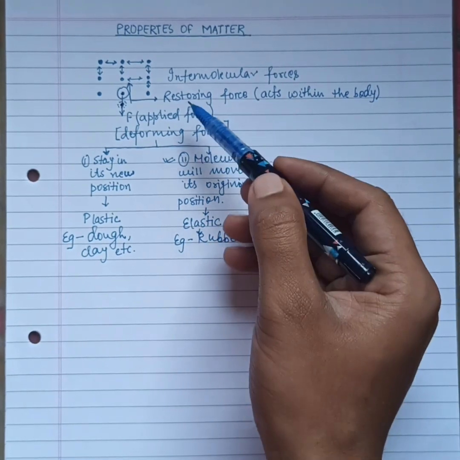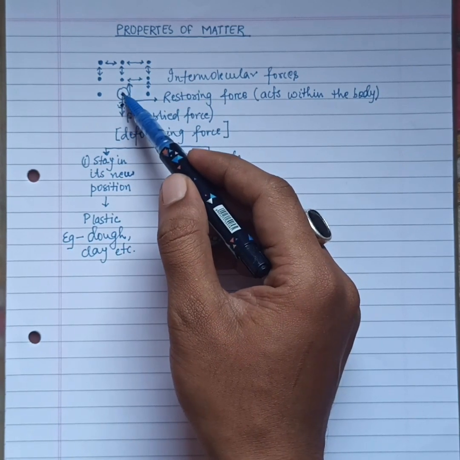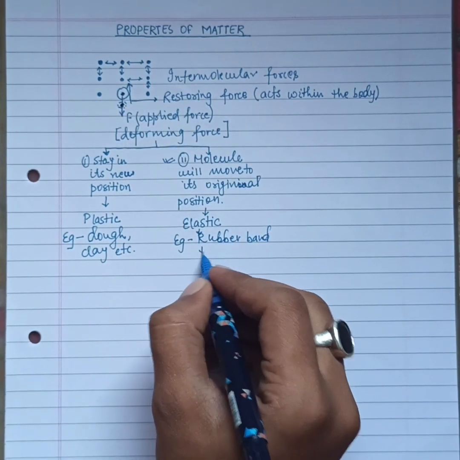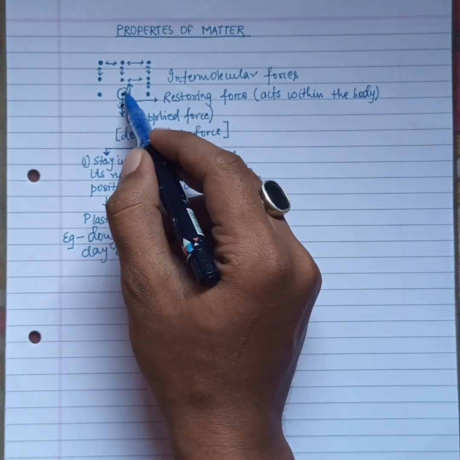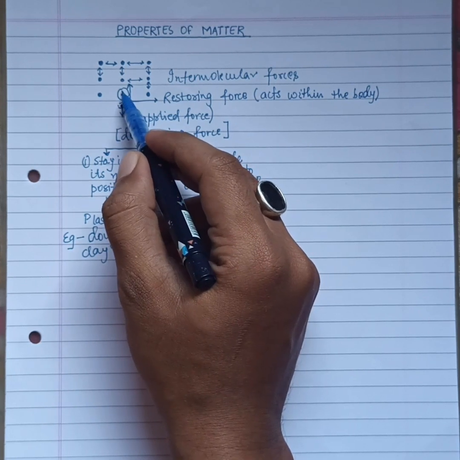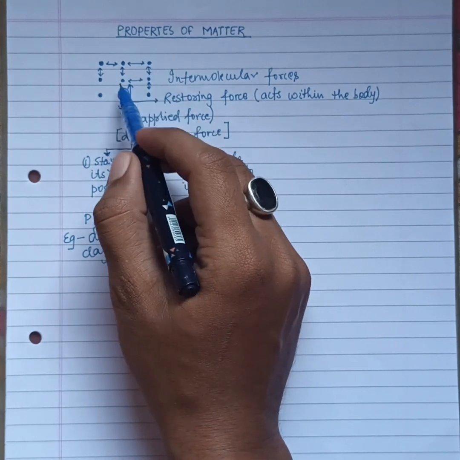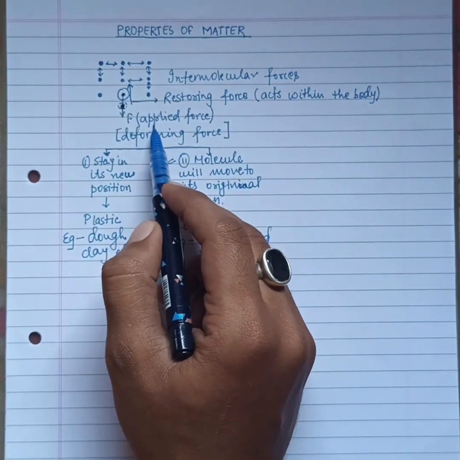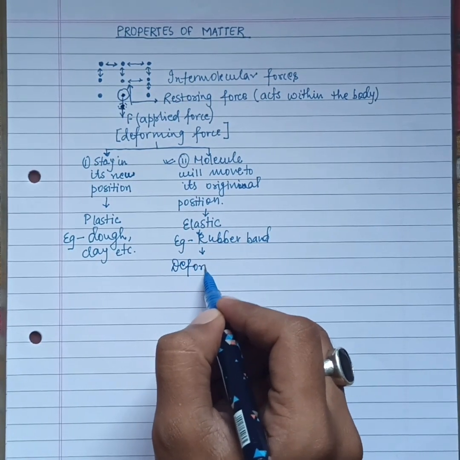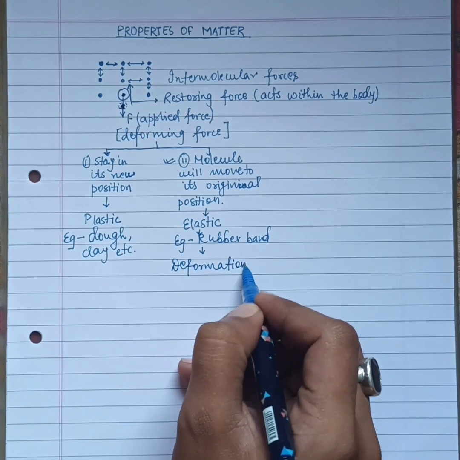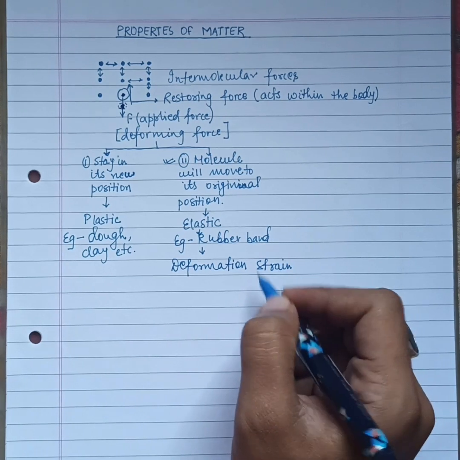So when the force was applied, the molecule changed its position, which means the solid is deforming, and as a result of the applied force we get deformation in the solid. This deformation is nothing other than strain, which we will discuss again later on.